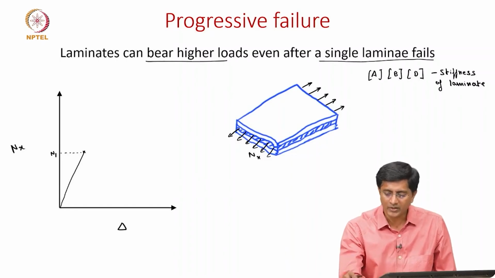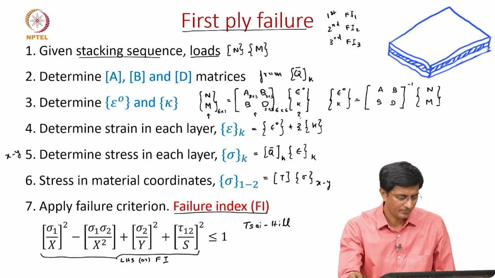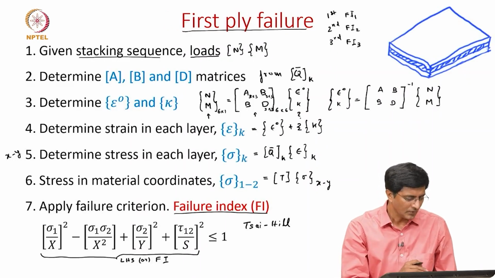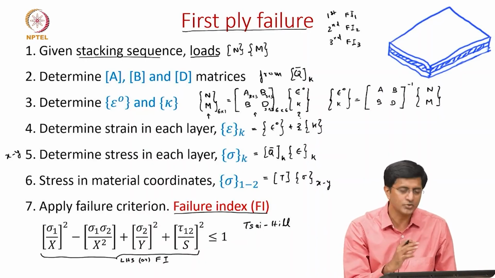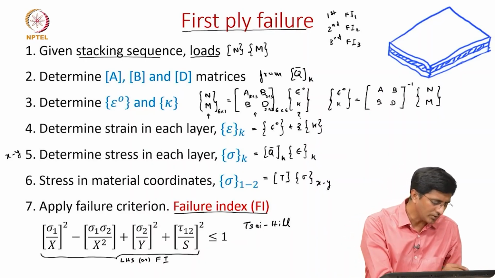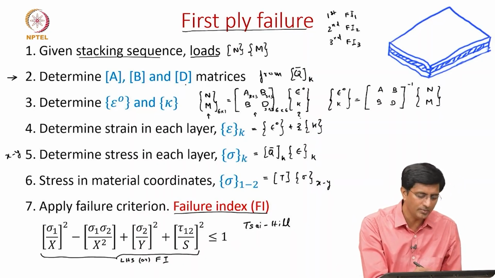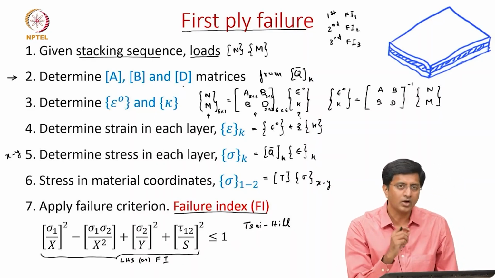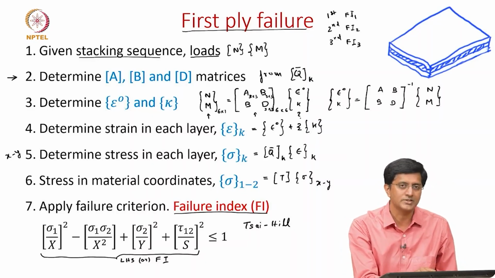If we go back to the previous slide, after the first ply failure, how do we approach the problem? What we need to do is go back to step 2, where we find the ABD matrices. But now that one of the layers is missing, how do we update these ABD matrices?